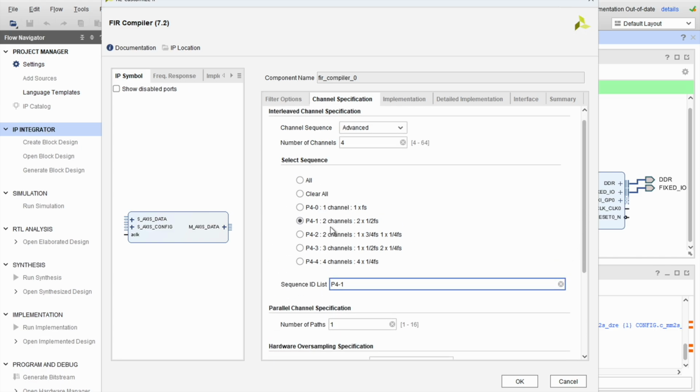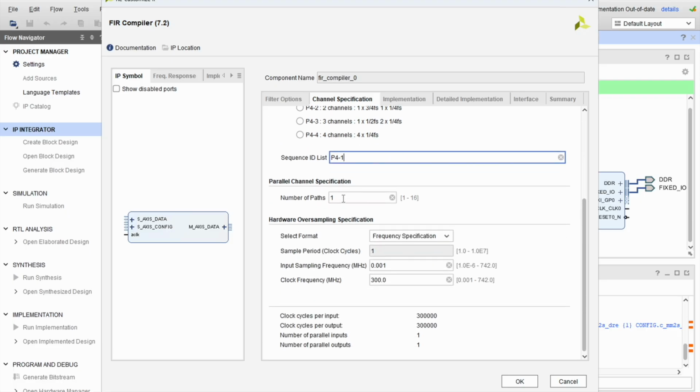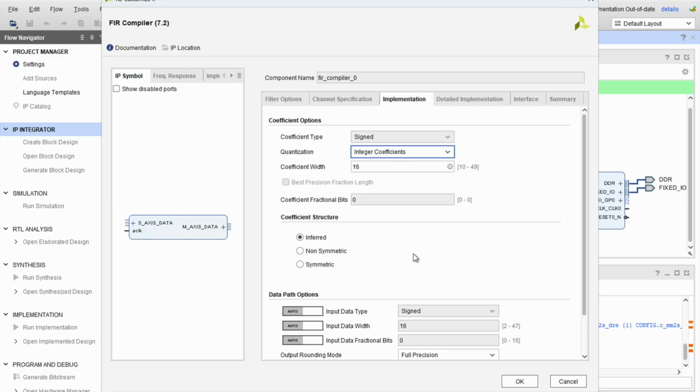In case I wanted to implement P41 in the first clock cycle and then P44 in the second clock cycle and then circle back to P41, I would have a sequence of P41 and then P44. But since I want to implement only 2 channels at 1/2 fs, I will just write P41 in the sequence ID list. The number of paths remains 1 over here, and the input sampling frequency is 100.